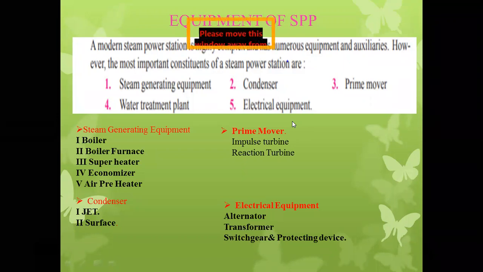Okay, in case of hydroelectric power plant, turbine blades rotate due to the water which is injected on the turbine blade with high pressure and high velocity.